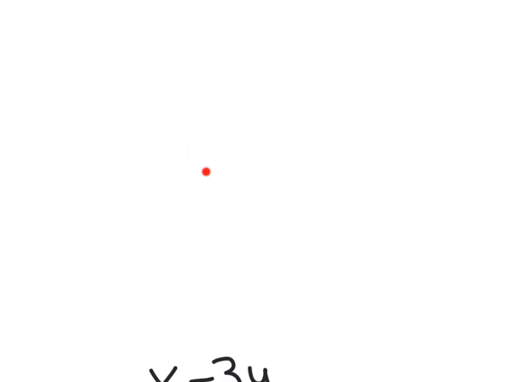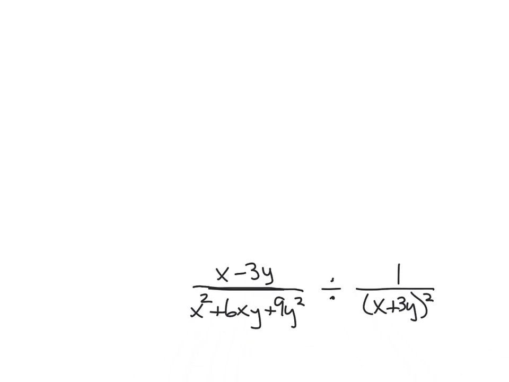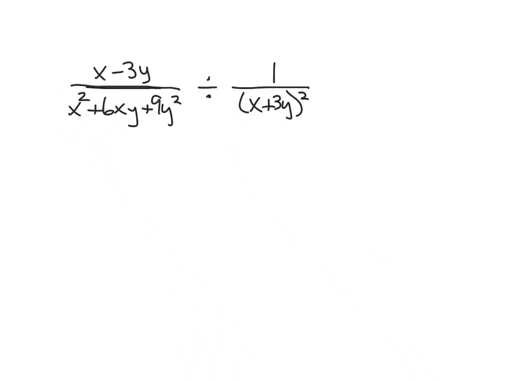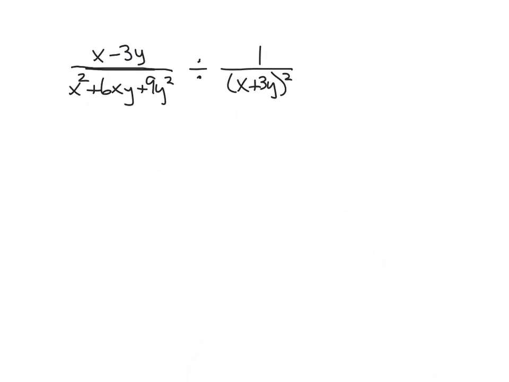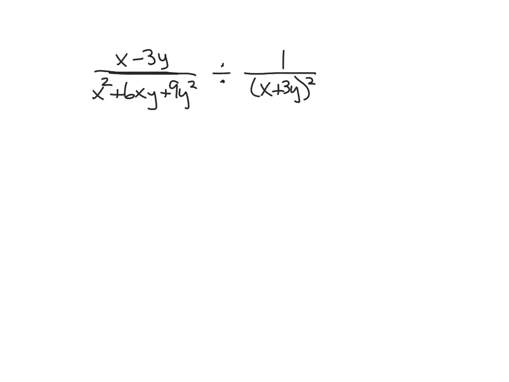One more, only this time the fraction is really ugly, but the idea is all the exact same. So we're going to start by rewriting this as a multiplication problem. So you get x minus 3y over x squared plus 6xy plus 9y squared.